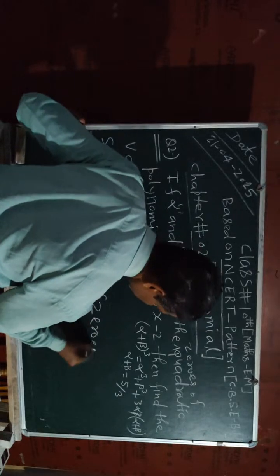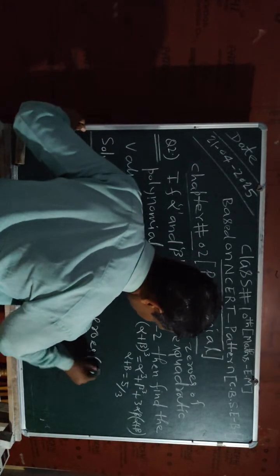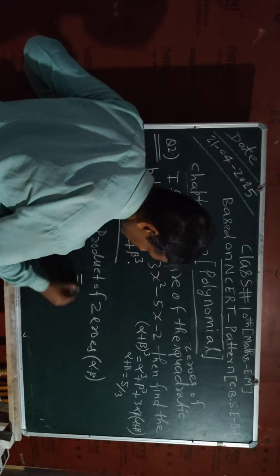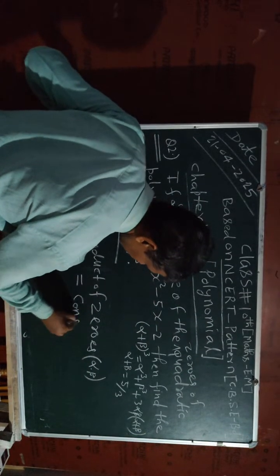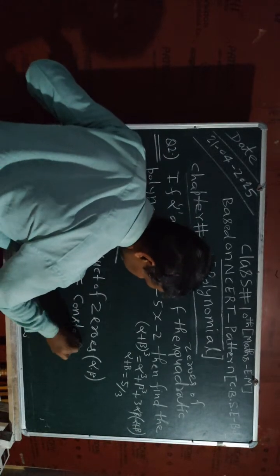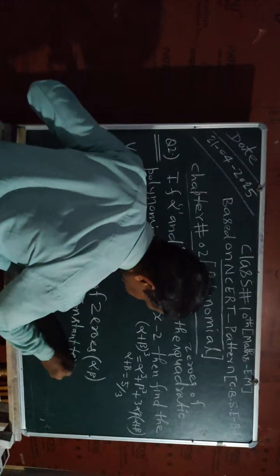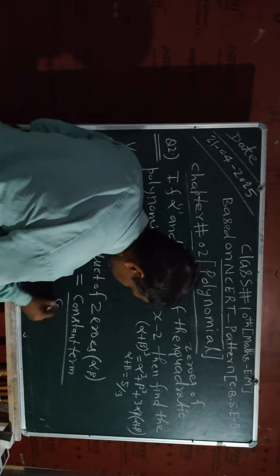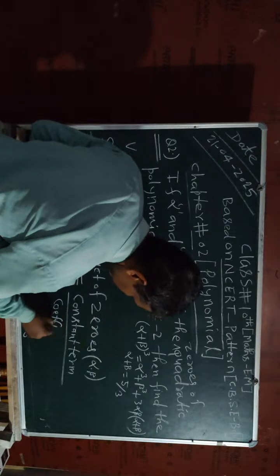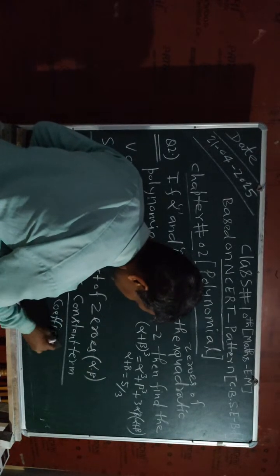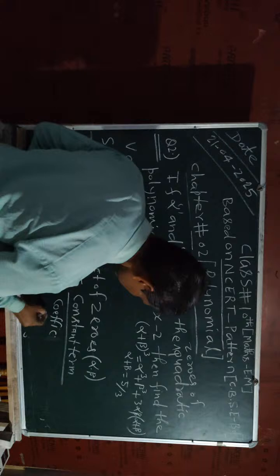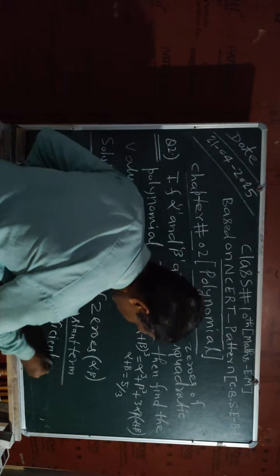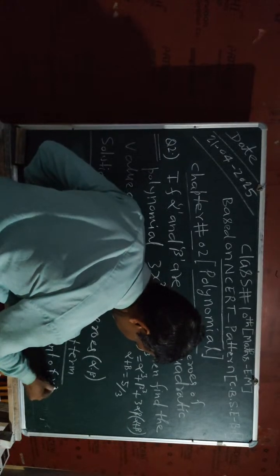Product of zeros, which in the bracket I will write as alpha into beta, and alpha into beta is equal to the constant term divided by the coefficient of x square.